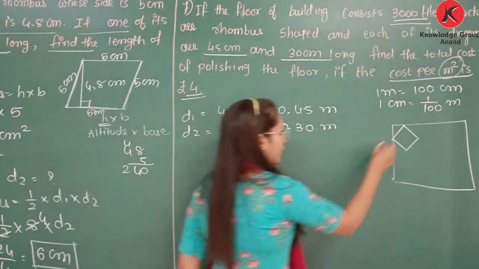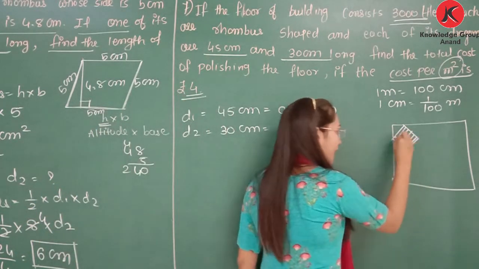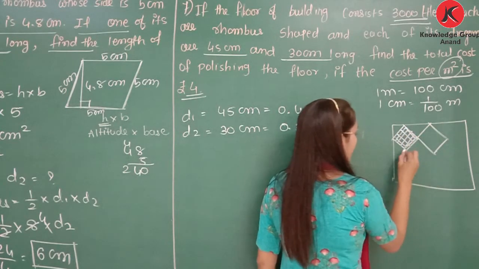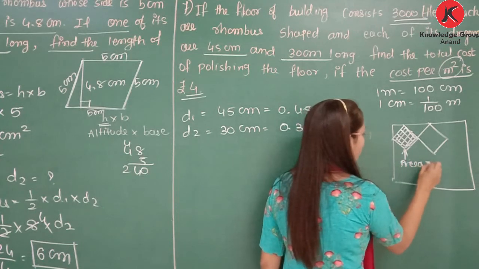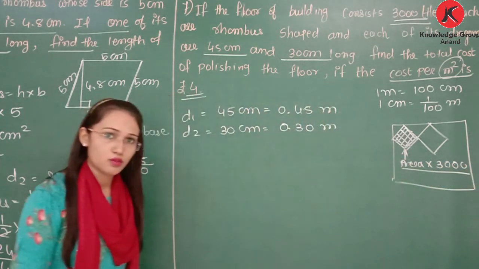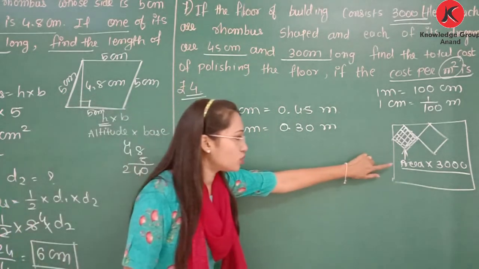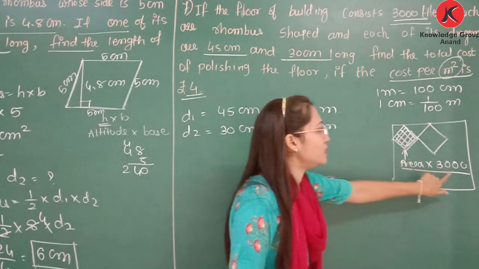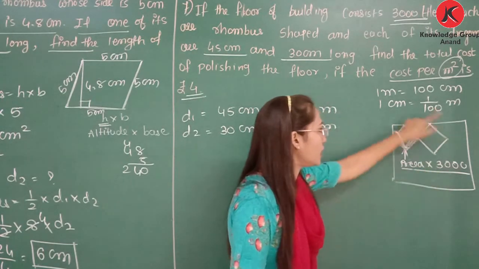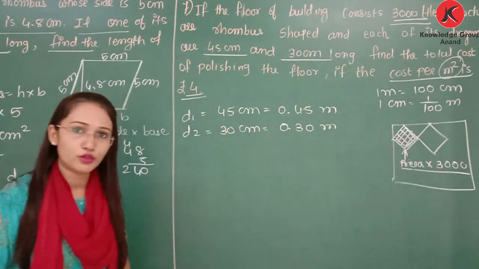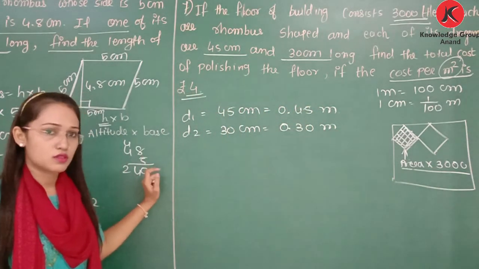So whatever area is occupied by one tile, we need to multiply with 3000. It means total area of a room will be area of one tile multiplied by 3000. That will give the area of this room. Clear? So first of all we will find the area of a room, then we will find the cost.